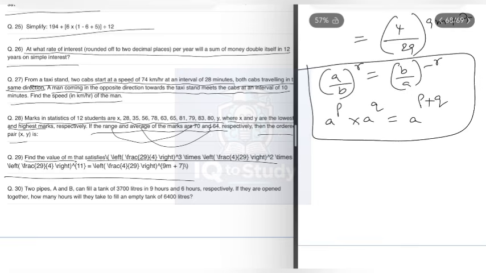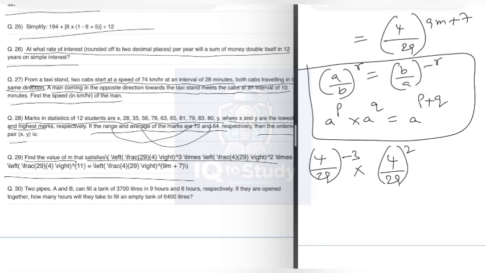So our equation becomes: we can write 29 by 4 as (4 by 29) whole power minus 3, into (4 by 29) whole square, into (4 by 29) whole power minus 11, that is equal to (4 by 29) whole power 9m plus 7.